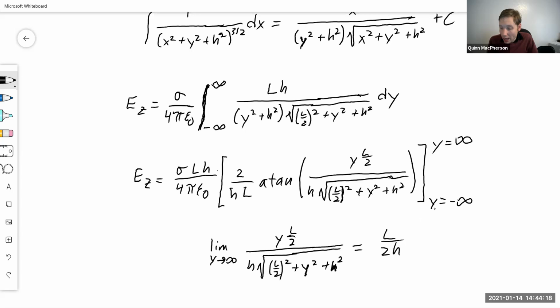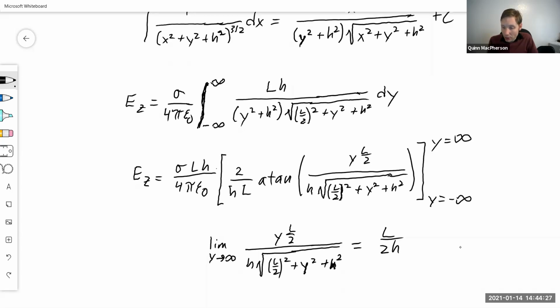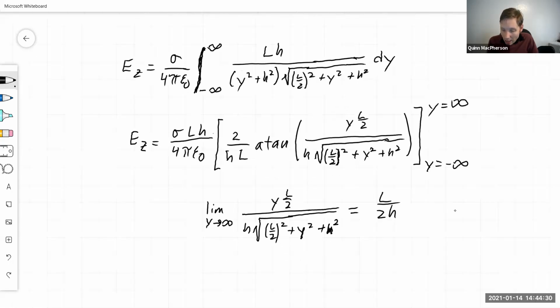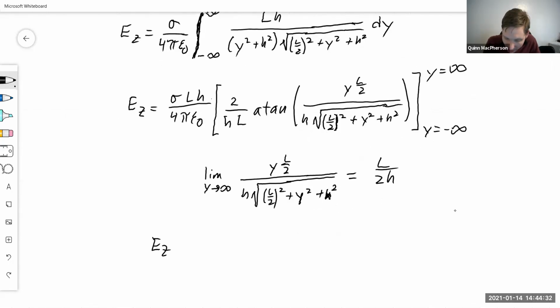If you put in negative infinity, then the negative cancels in the bottom, but you get a negative y in the top, so you just get negative L over 2h. So you can stick those two limits in, and you get Ez is equal to sigma LH over 4 pi epsilon naught times, well, actually, before we do that, we can just cancel this LH. Make my life a little bit easier.